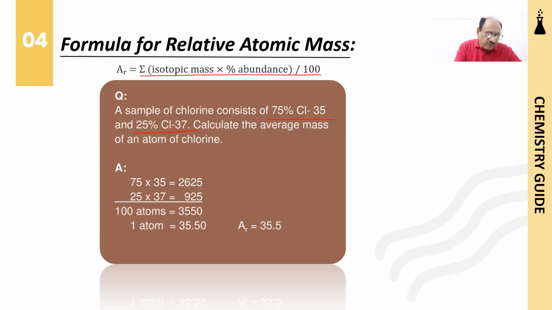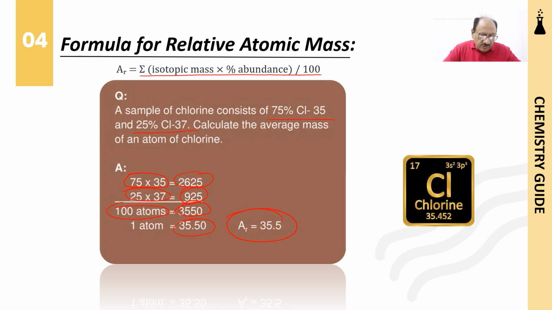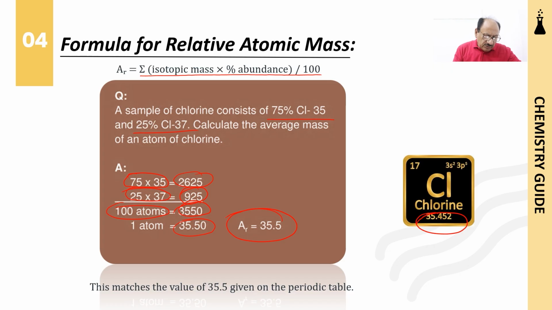Calculate the average mass of an atom of chlorine. We multiply percentage abundance by mass, add these for 100 atoms, and for one atom we get 35.5. So the relative atomic mass is 35.5. This is the same value mentioned in the periodic chart, so it matches the periodic table.